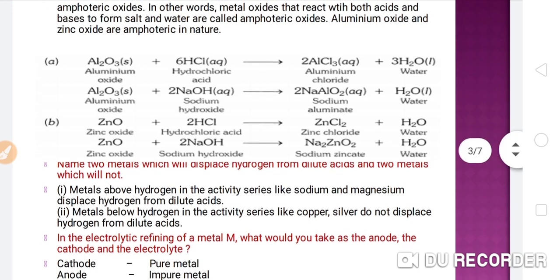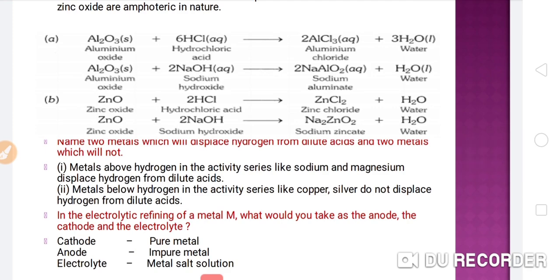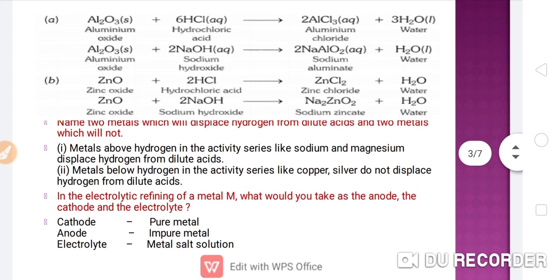Now come to the next question: name two metals which will displace hydrogen from dilute acids and two metals which will not. So the answer is metals above hydrogen. Whatever metals exist just above hydrogen in the reactivity series, like sodium and magnesium, displace hydrogen from dilute acids.